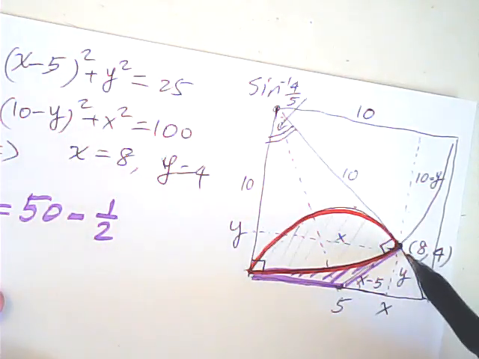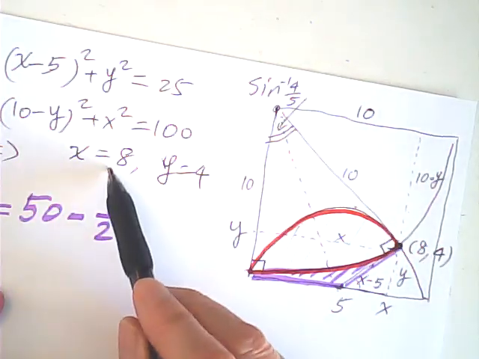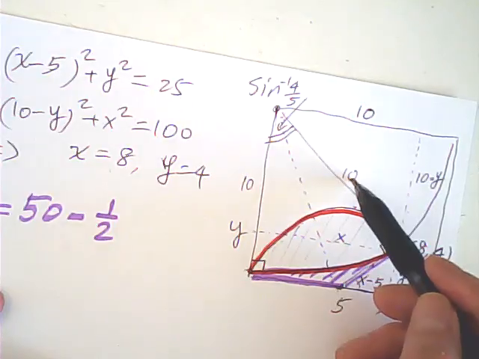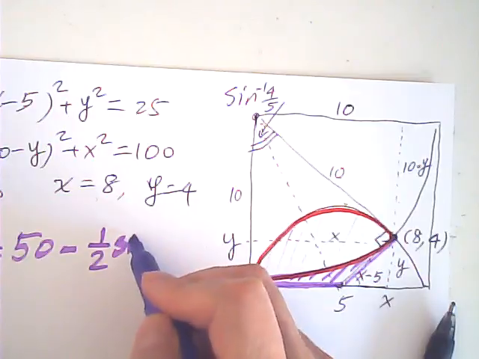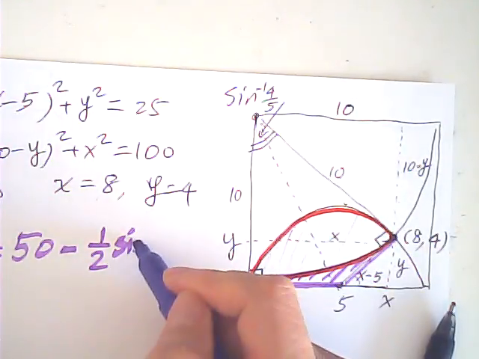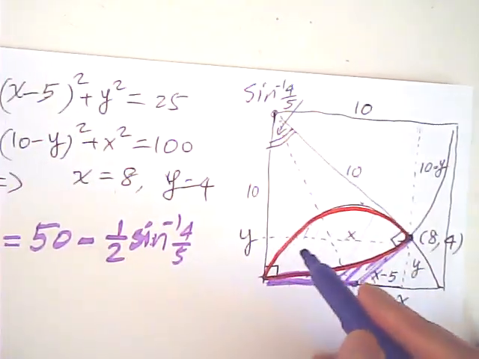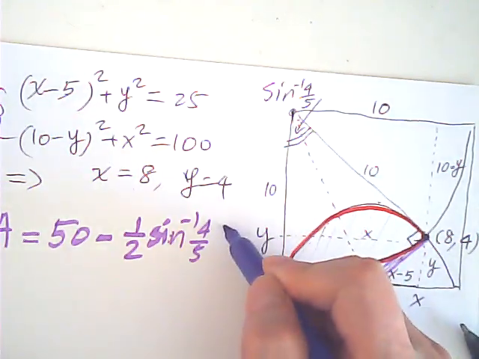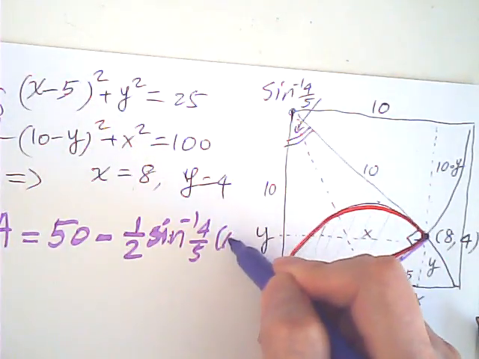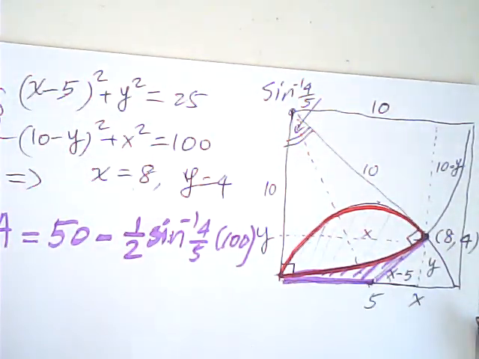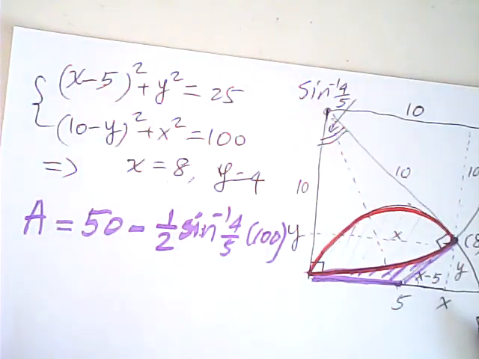This one is 8, x is 8. 8/10 is the same, so this is arcsine 4/5 times the radius squared, which is 100. The area of a sector is half the angle times the radius squared.